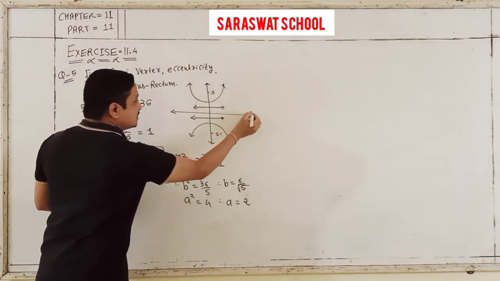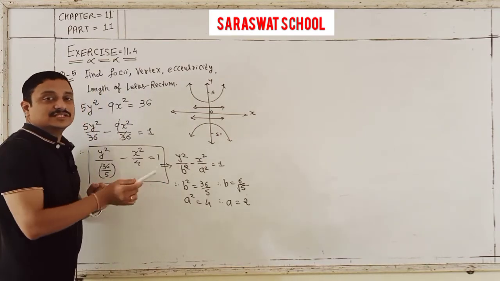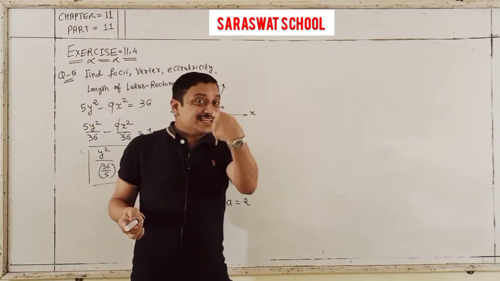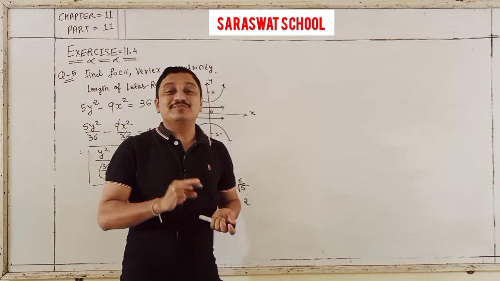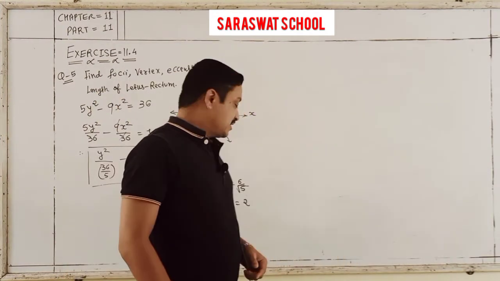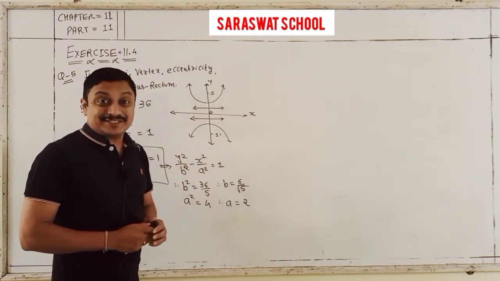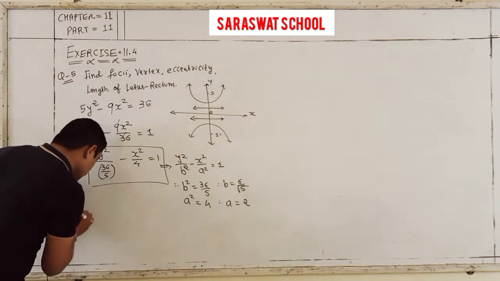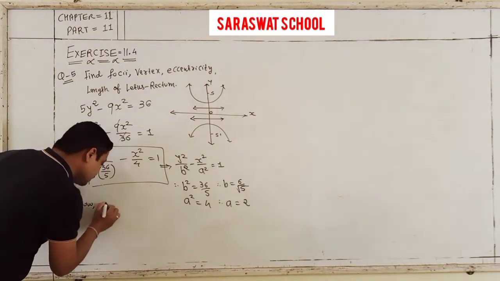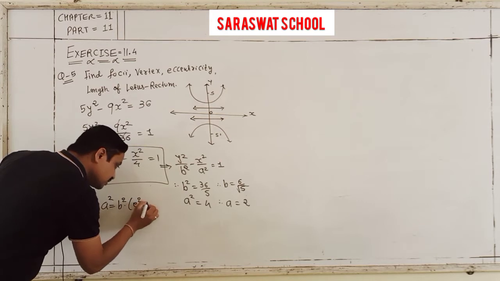Now here x axis, origin, y axis. After that we will find the value of the eccentricity by formula number 3. Since the transverse axis is the y axis, a square is equal to b square times e square minus 1.